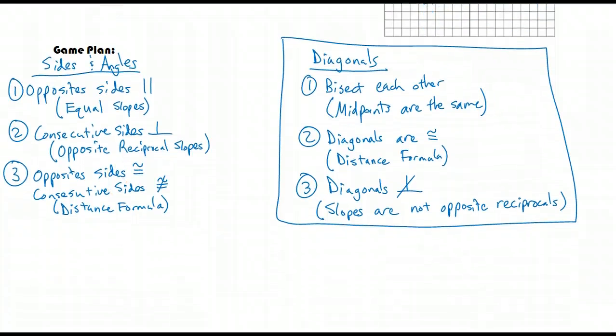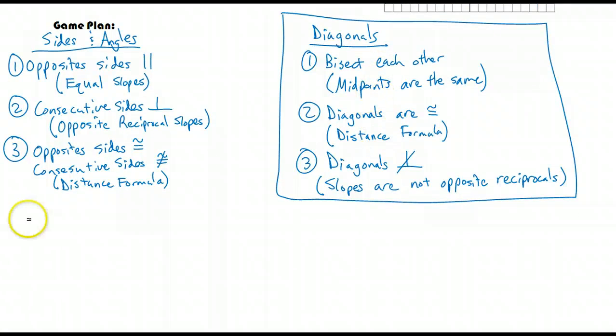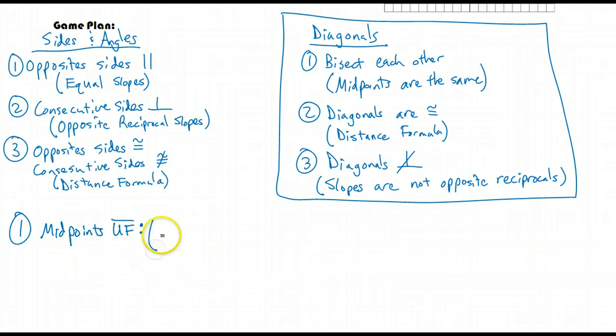So I'm going to start by proving that my diagonals bisect each other. I need to find the midpoints of both diagonals. I'm going to start with segment UF and find the midpoint of UF. To find the midpoint, I need to find the average of my x values and the average of my y values.